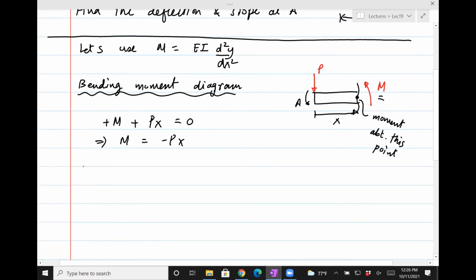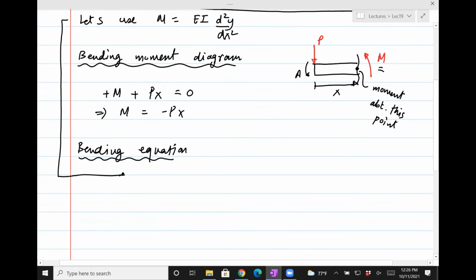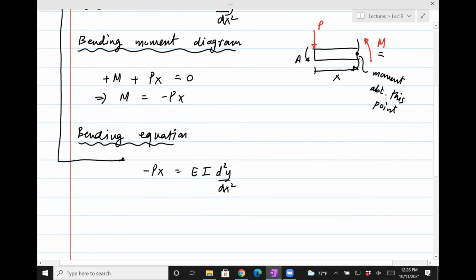Okay, now let's go to the bending equation, which I just wrote down, which is this one. And I'm going to sub in the value for M. M is minus Px equals EI d square y by dx square. Okay, so P is a constant, E and I are all constants here.